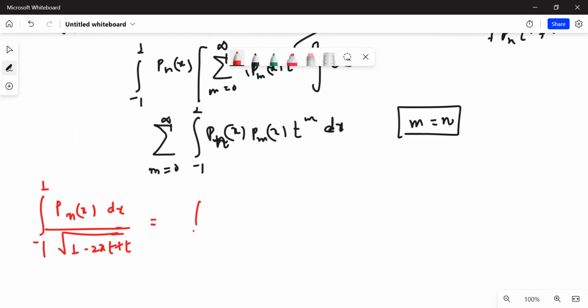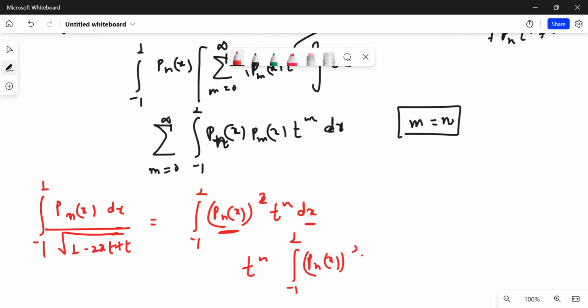That implies the integral from -1 to +1 of t^n times Pn(x) whole square dx. This t^n goes outside because it has got nothing to do with the variable of integration, which is x. So you have the integral of Pn(x) whole square dx, which is equal to 2 upon 2n plus 1.